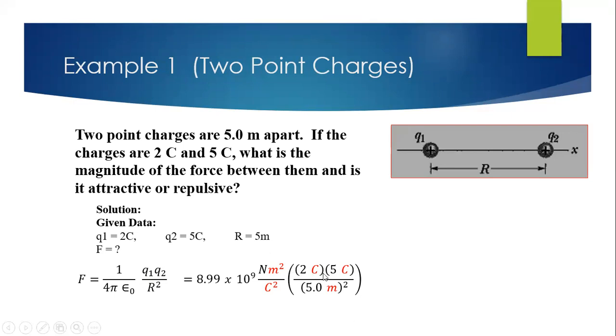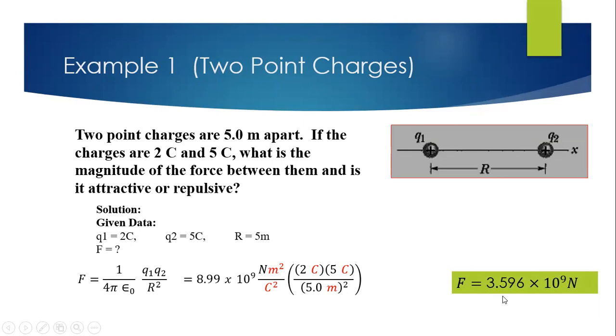And now all these units in red will cancel each other. Here we have Coulomb times Coulomb, here we have Coulomb square, they will cancel each other. Similarly, this meter will cancel with meter square, and we will obtain only Newton. And as we know, the unit of force is Newton, so we will obtain this result. Once we simplify these simple calculations, we will obtain the force that is 3.596 times 10 power 9 Newton.